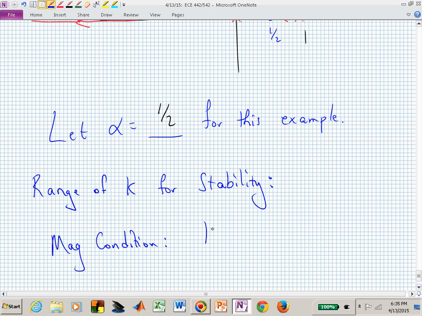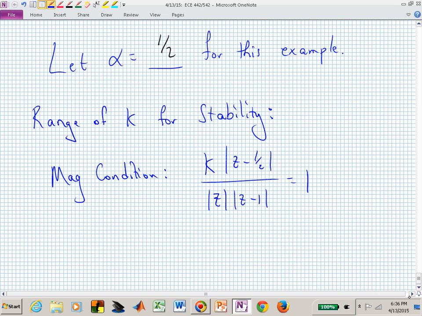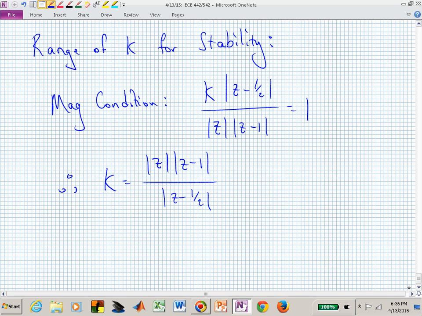Our magnitude condition says we have K times (Z minus 1/2) over Z times (Z minus 1) equal to 1. And we can solve that for K so that now we have K equal to Z times (Z minus 1) over (Z minus 1/2).